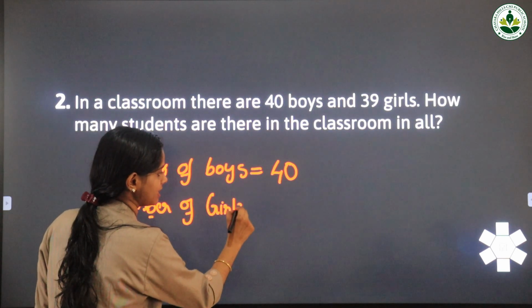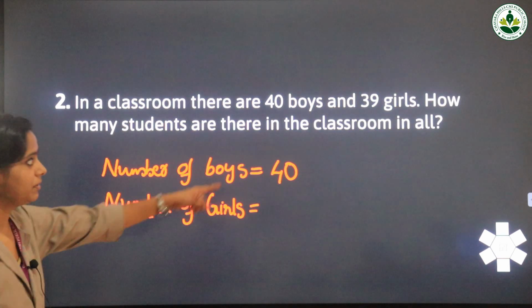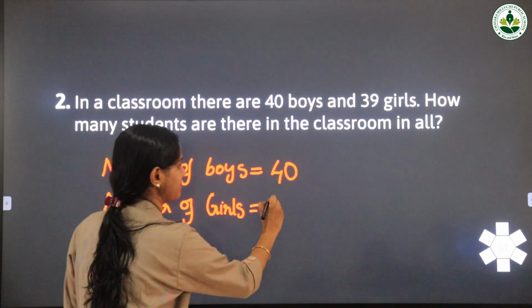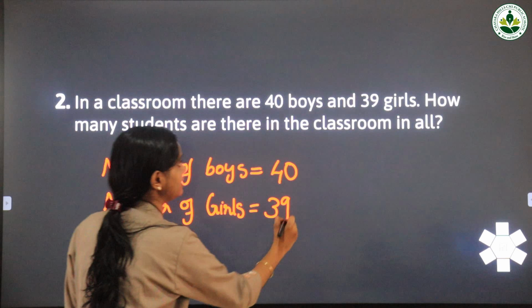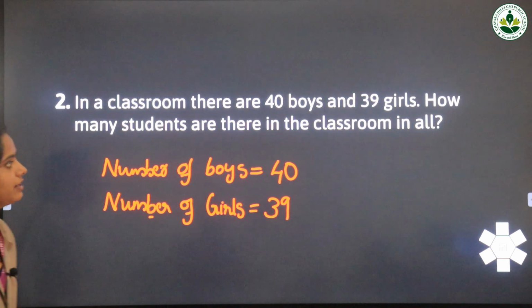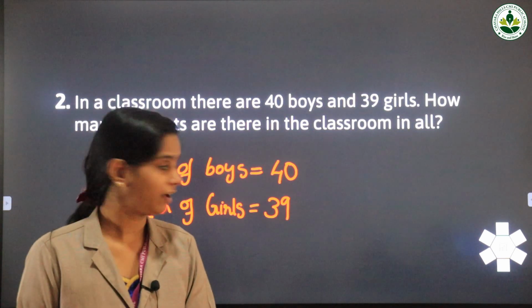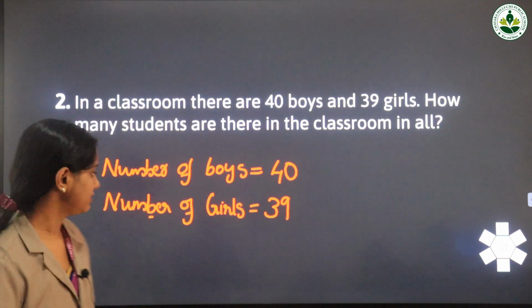We have to find the total number of students in the classroom.